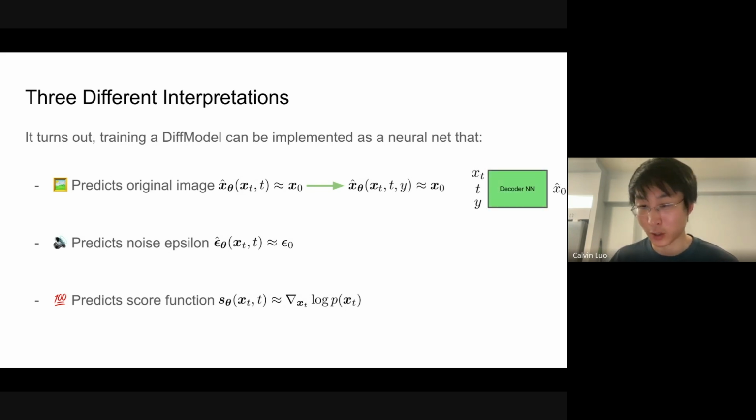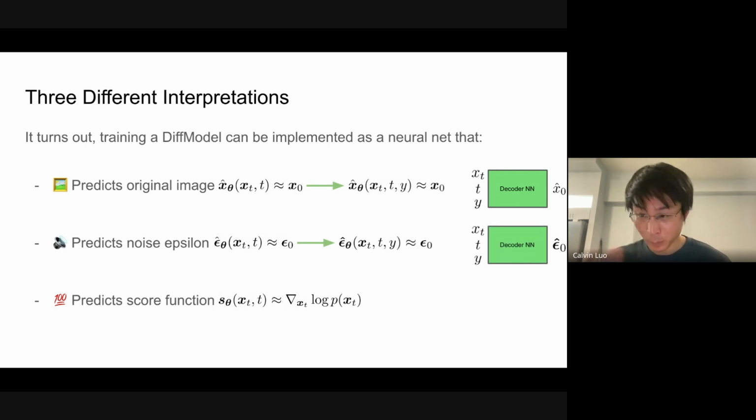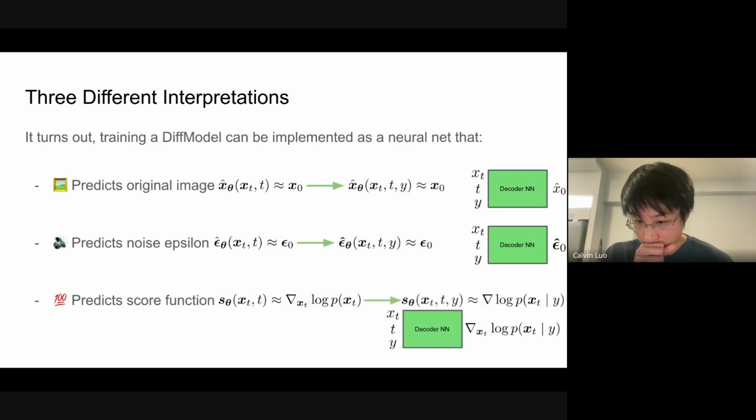It can condition on it when predicting x0, right? Similarly, for all three different interpretations, you can do so for epsilon prediction. You throw in y as an input, and it'll factor that in when predicting epsilon 0, the source noise prediction. It's similar for score prediction. For the score prediction network, noise conditional score network, or what have you, you can also throw in y.